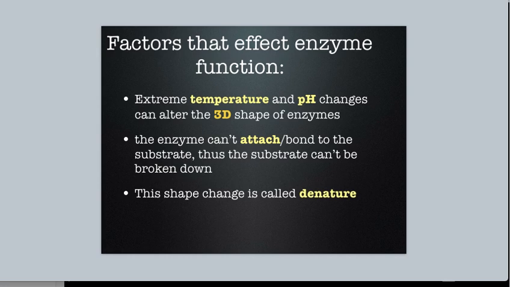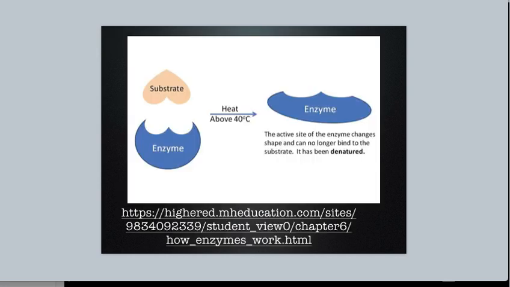So what does this look like? Well, this is an enzyme. It's a protein. It has a specific active site or a three-dimensional shape, and it only acts on one substrate. So the substrate has to have this same 3D shape. Well, this says above 40 degrees Celsius.